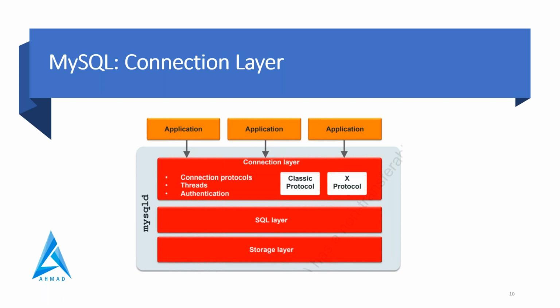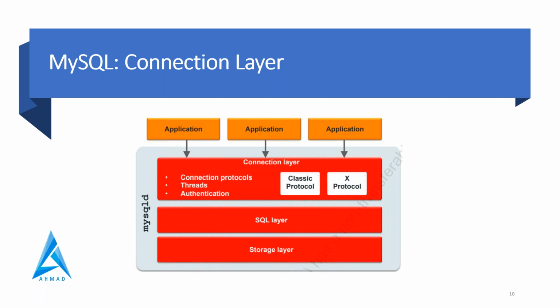The connection layer maintains one thread per connection, and this thread handles query execution. Before a connection begins sending SQL queries, the connection is authenticated by verification of username, password, and client host, just like in an Oracle database connection.